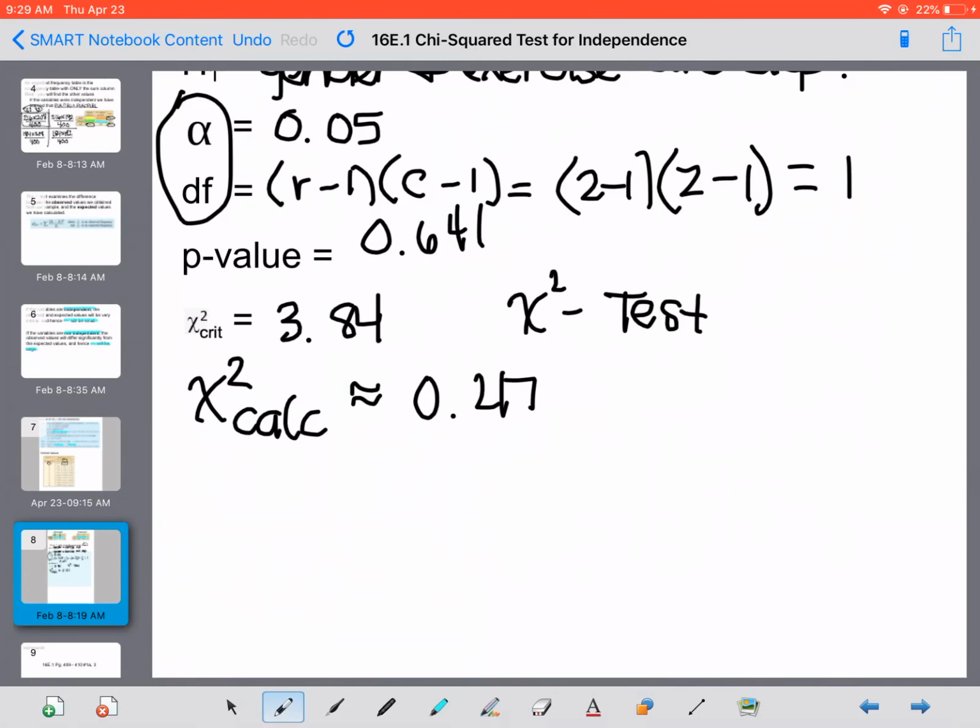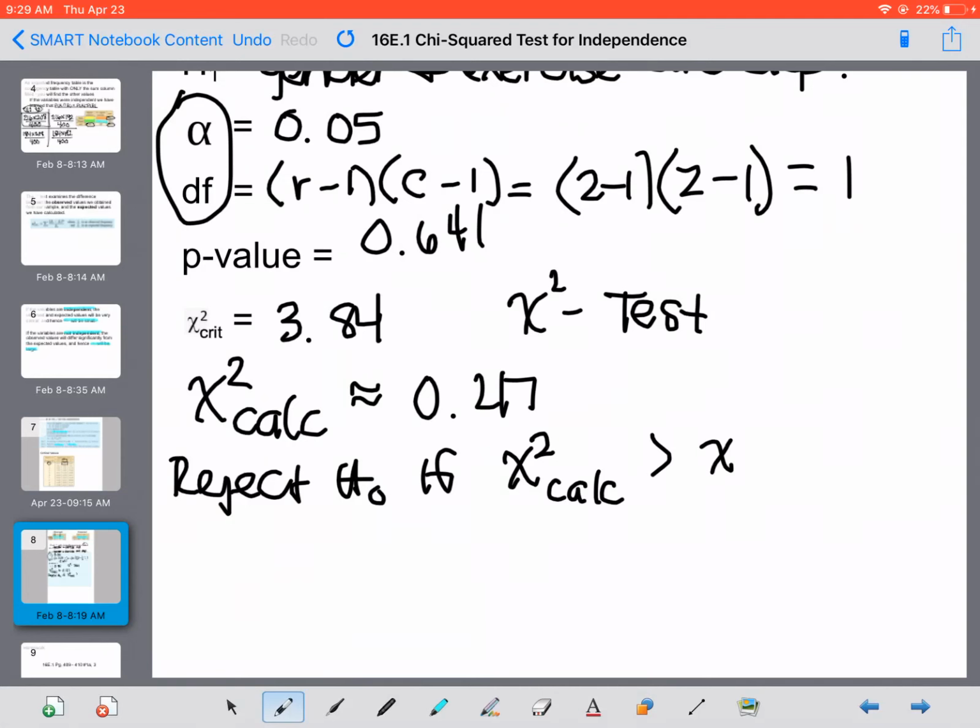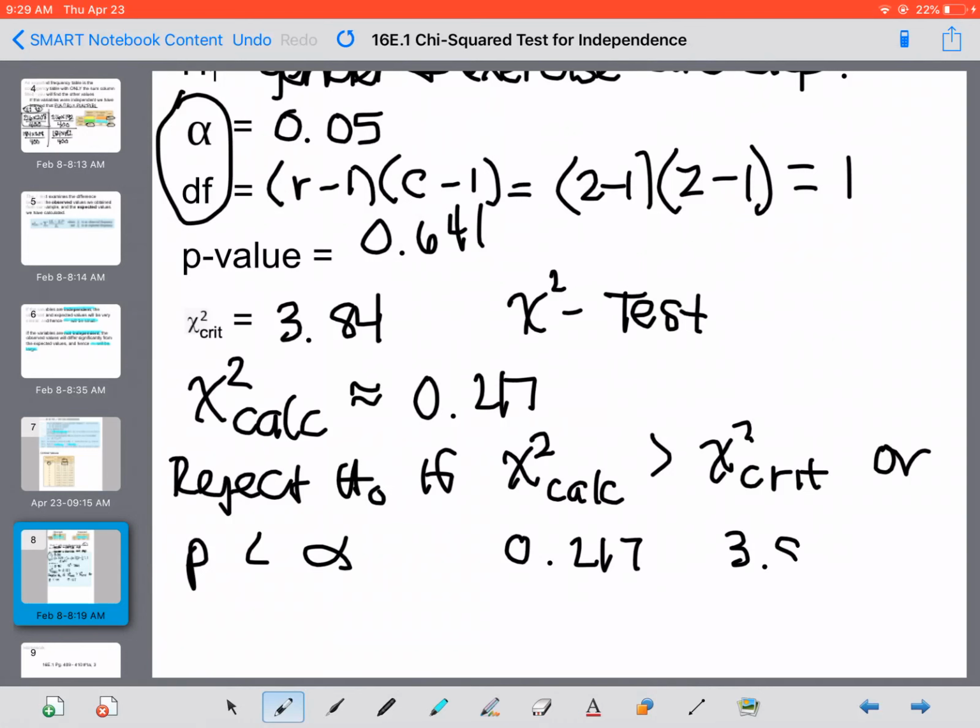Okay, so remember, we are going to reject h sub 0 if chi-squared calc is greater than chi-squared crit, or if p is less than alpha. Okay, so if we compare, our chi-squared calc is 0.217 and our chi-squared crit is 3.84. Well, 0.217 is less than 3.84.